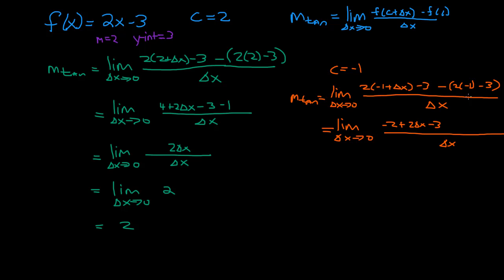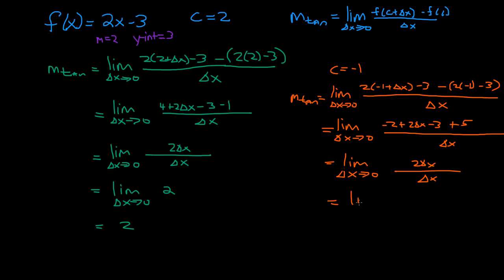And then we have negative 1 times 2, that's negative 2, minus 3, that's negative 5, but we have negative 5 minus negative 5, so that's plus 5, equals the limit as delta x approaches 0. And what's left over? Well, we have 5 minus 3 minus 2, so that's just 2 delta x left over, with delta x on the bottom.